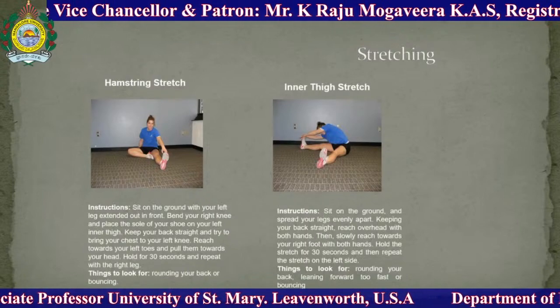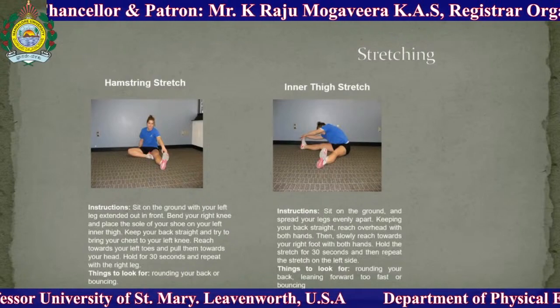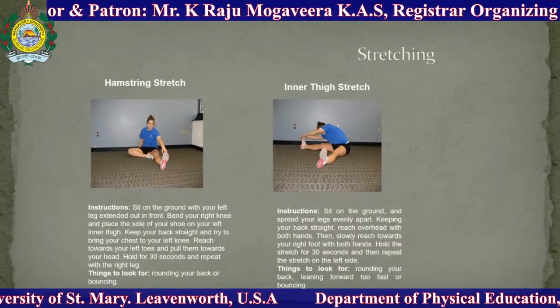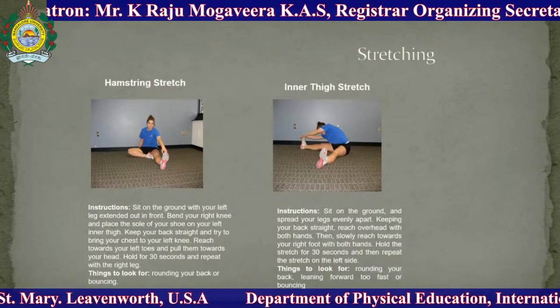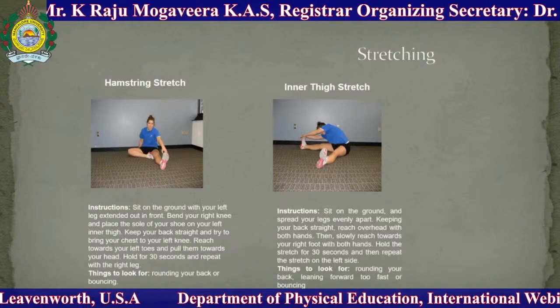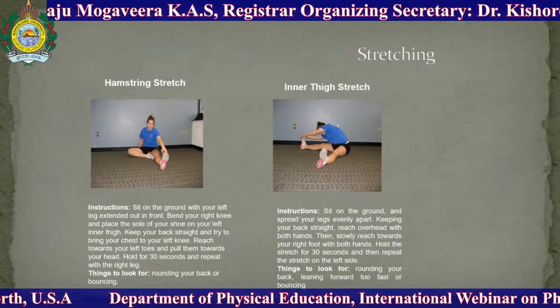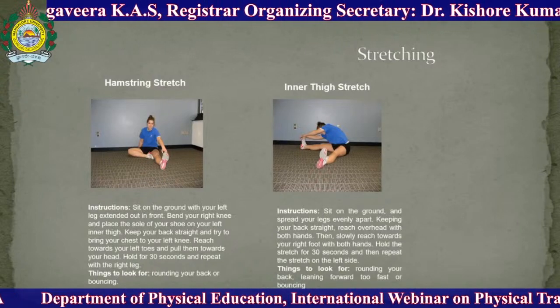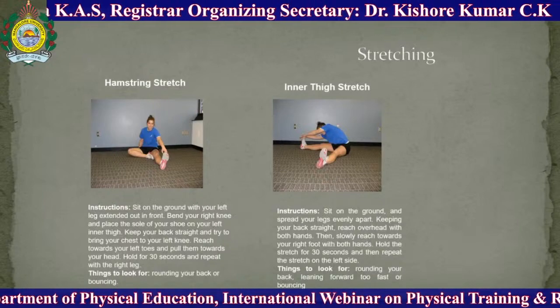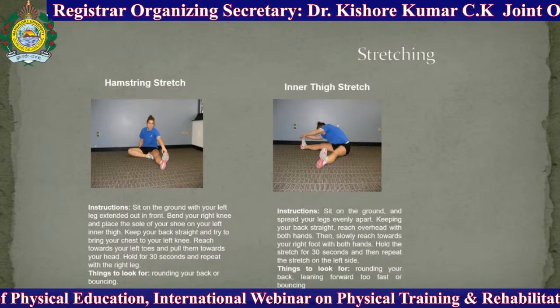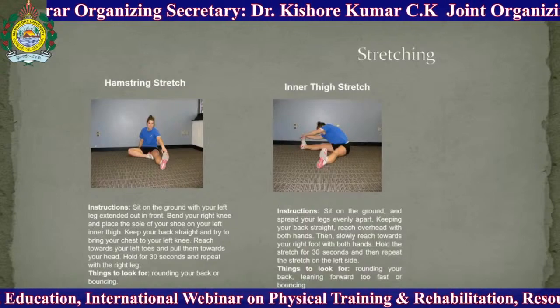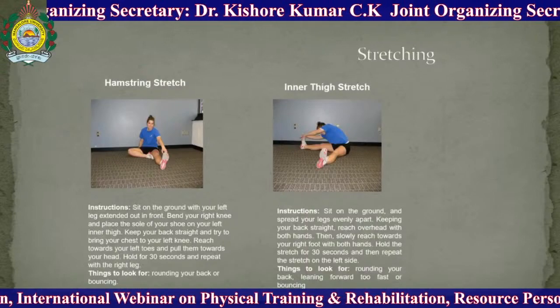We stretch the back of the thighs, the hamstrings, and we want to have the person reach down towards their toes, but not so aggressively that they're over-torquing. And then an inner thigh stretch, doing the same thing with the legs spread apart to get the inner parts of the thigh muscles to stretch out as well.